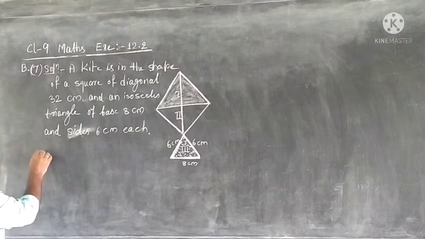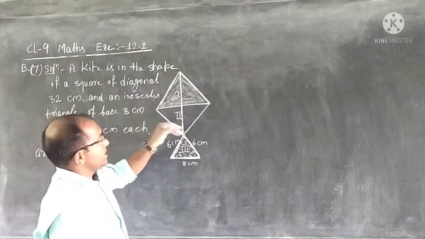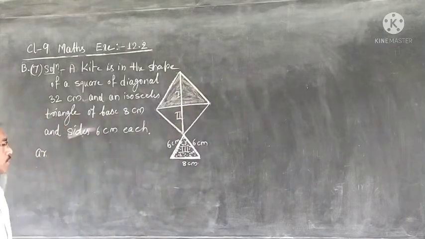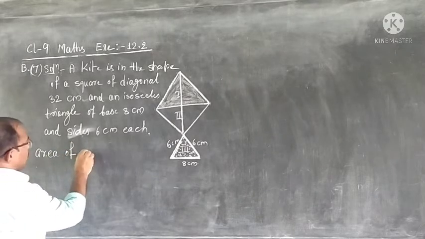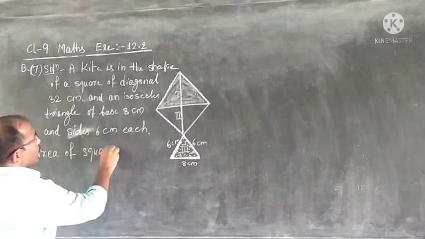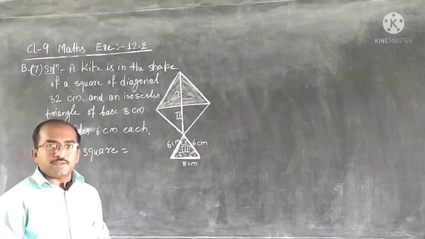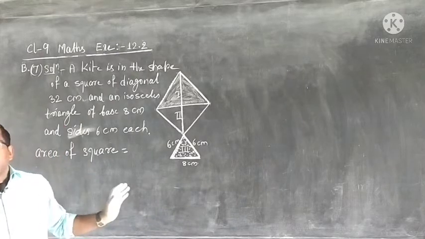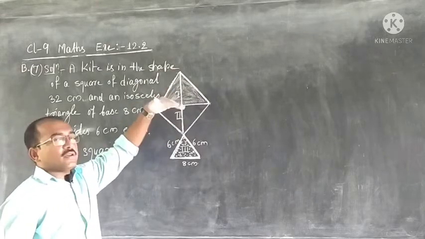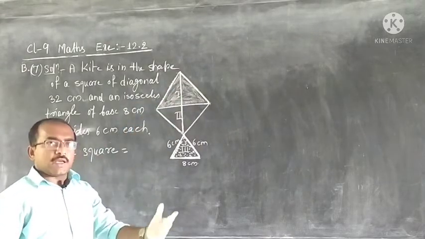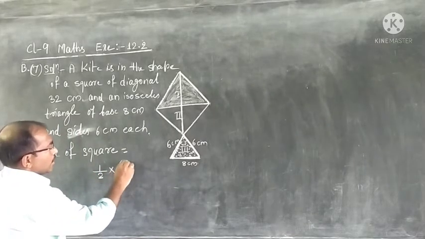We go now. First we see figure 1 and figure 2 combined, the whole figure, this part. What is this? This is a square. What is the area of a square? When I ask you the area of a square, the very common formula that comes to your mind is side square. But here the side is not mentioned in the question. Instead of side, the diagonal is given, and both diagonals are equal. So, for the area of a square we will use half into diagonal square.